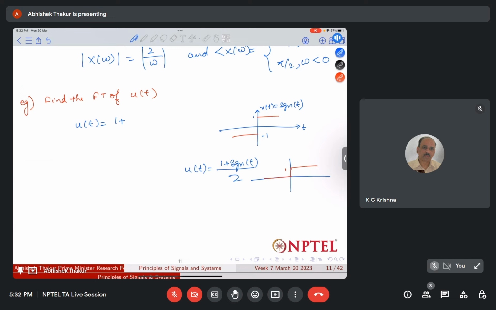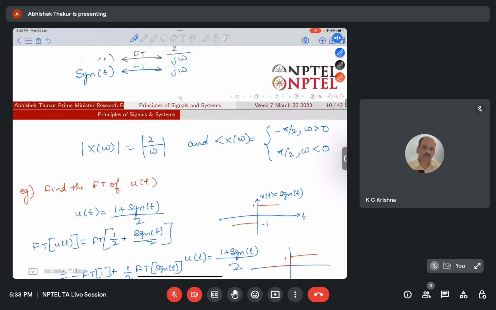So u(t) is equal to (1 plus signum of t) divided by 2. Now take the Fourier transform on both sides. We will get the Fourier transform of half plus signum of t by 2, that is equal to half into the Fourier transform of 1 plus half into the Fourier transform of signum of t.